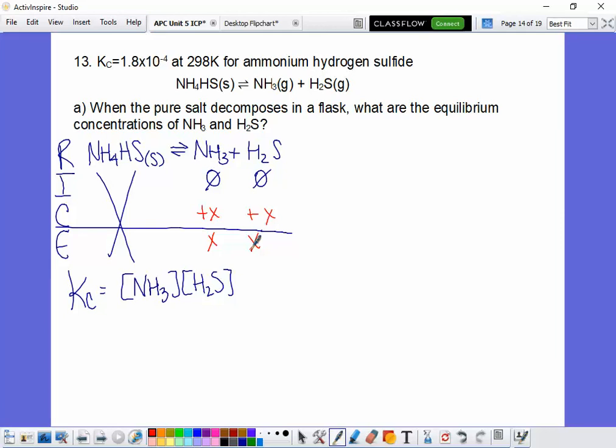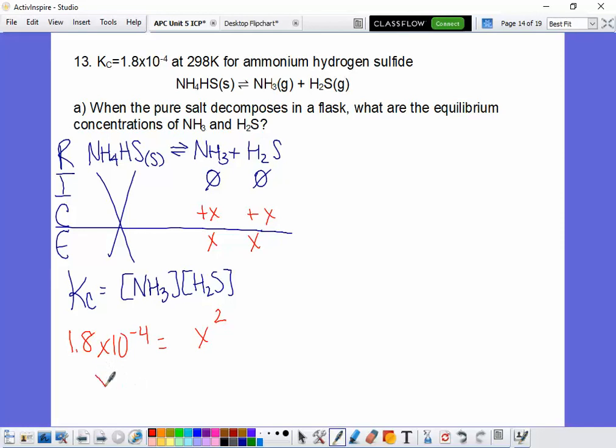So now I can plug everything in. 1.8 times 10 to the negative 4 is my Kc, and what does that equal? X squared. Because that's all we have. Pretty easy, right? This problem's great. Nice and easy.